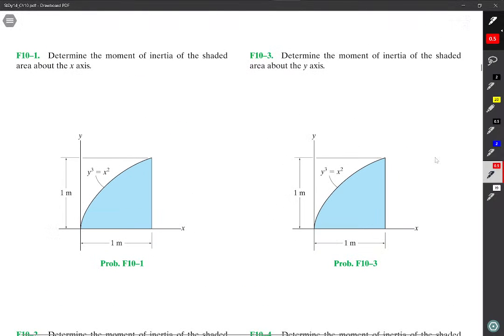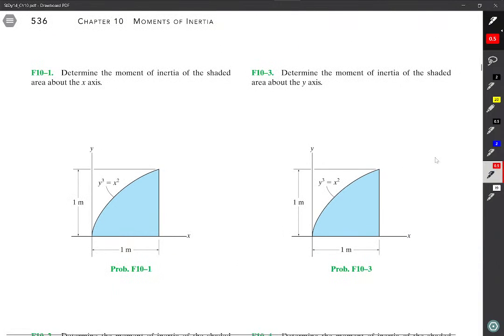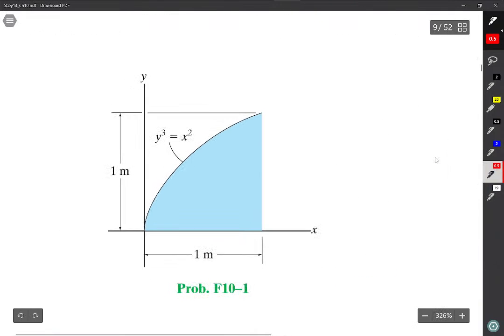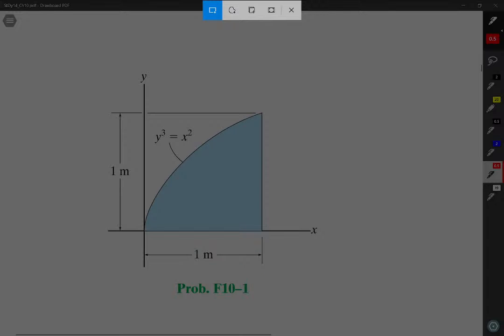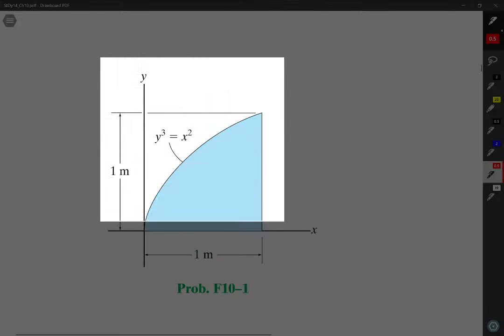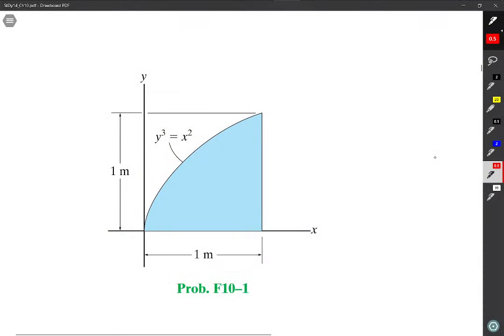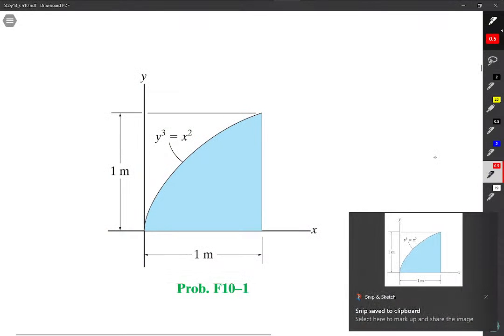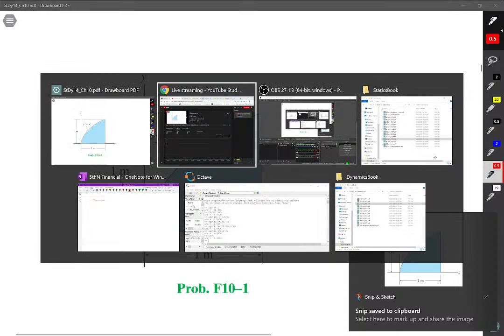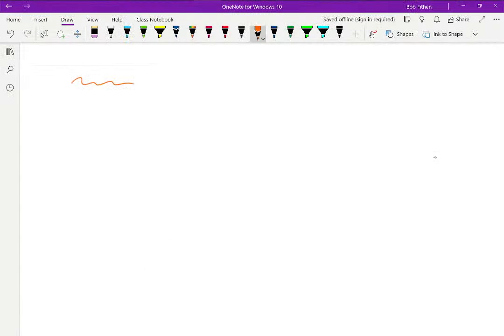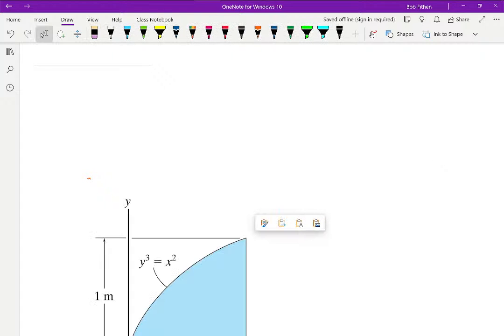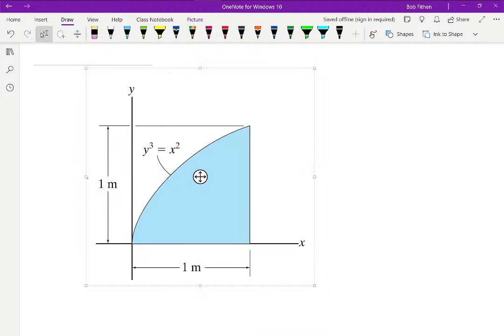Since these are both the same, and one's about the x and one's about the y, we're going to pick this, and I'm going to show you, or try my best to show you. So I'll try my best to show you an approach towards this.